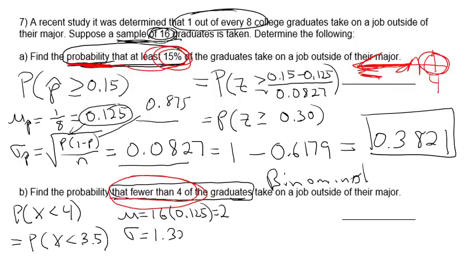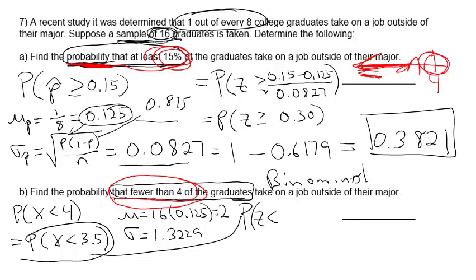But again, you should be able to figure that out. That's the square root of npq. Now I have the mean and the standard deviation. I'm ready to work with this right here. That's the probability of z being less than 3.5 minus the mean divided by the standard deviation.